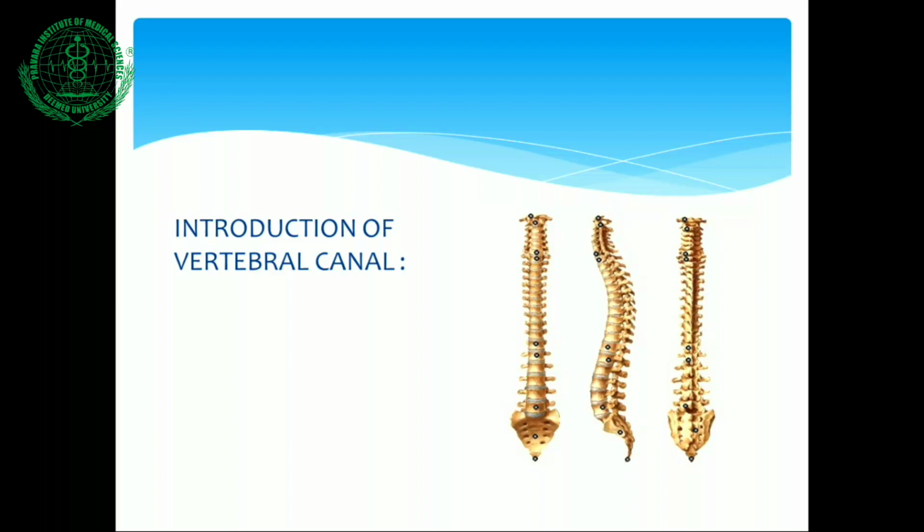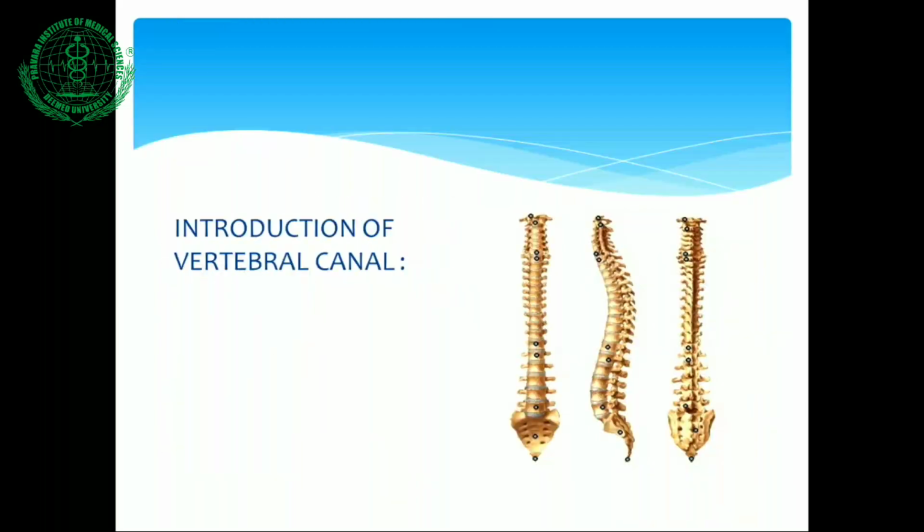All these vertebrae of vertebral column are connected with each other with the help of intervertebral joints. In between the adjacent vertebrae, there is presence of the articular disc.